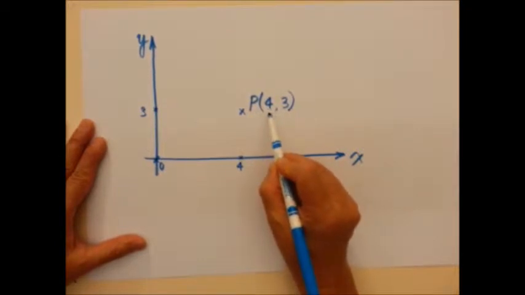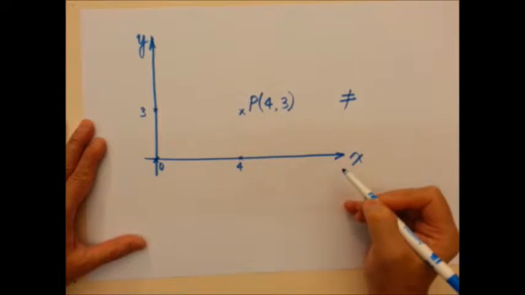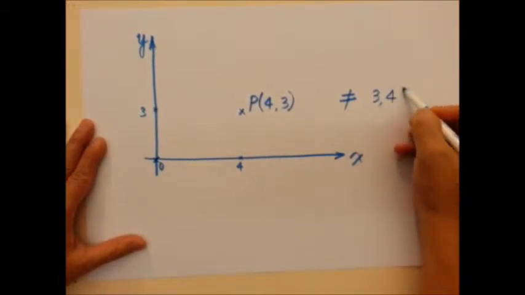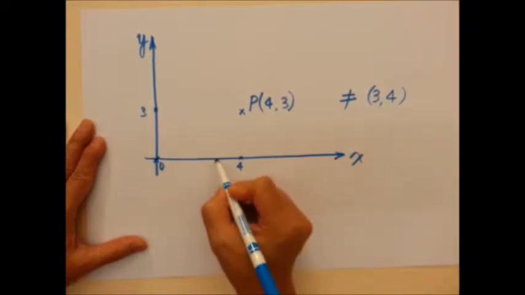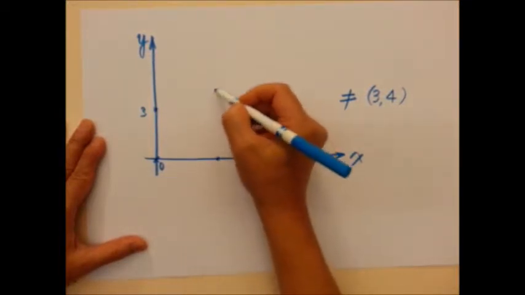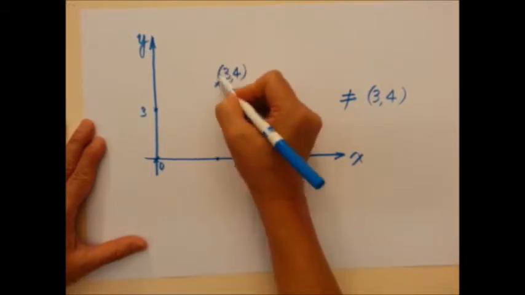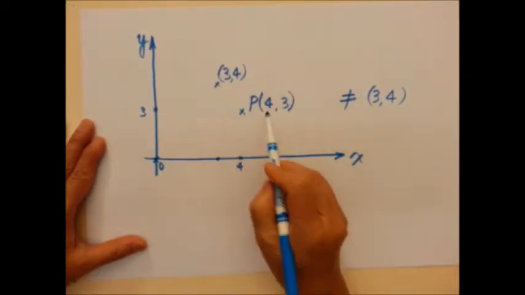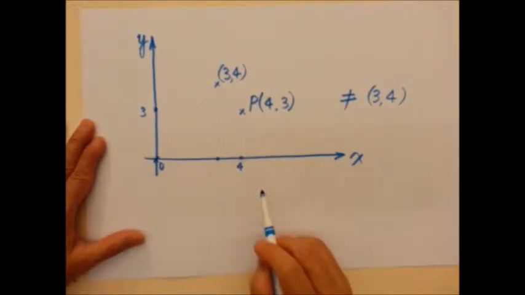Ordered, that means 4, 3 is not equal to 3, 4. And where is 3, 4? 3, 4 is here. This point is 3, 4. So 4, 3 and 3, 4 are two different points.